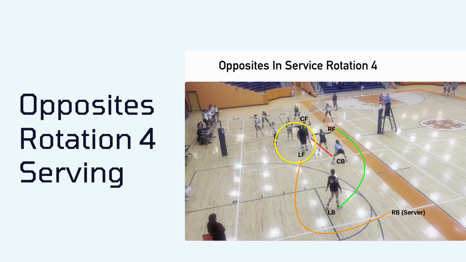Here's rotation 4. Our setter is now the left front, which means her opposite has to be the person who's serving, the right back. We know the libero has to be a back row player, and we know the libero's opposite in this particular case has to be the middle or center front.